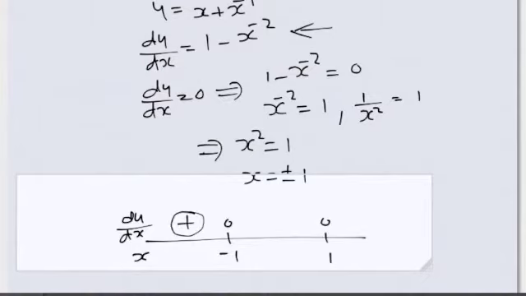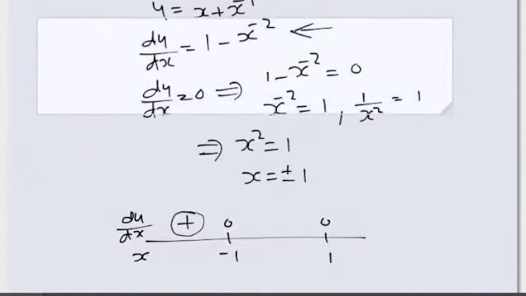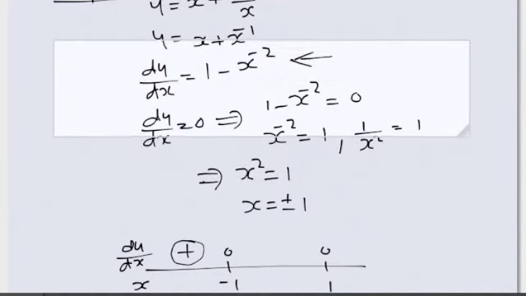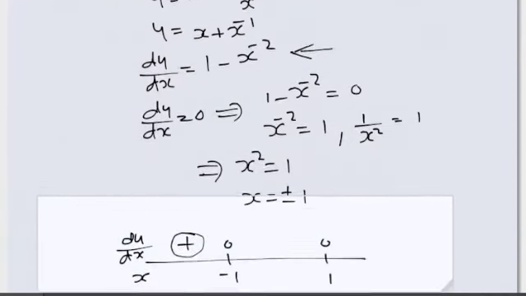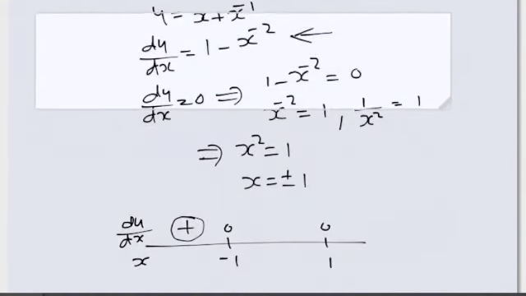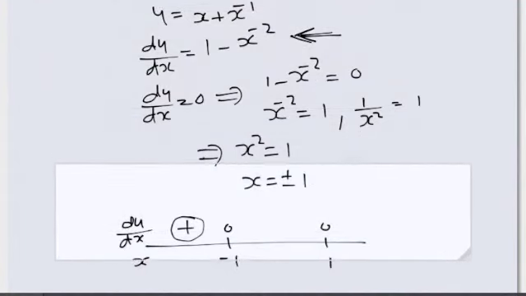If you substitute a value slightly above minus 1, we will obtain a negative value for dy/dx.